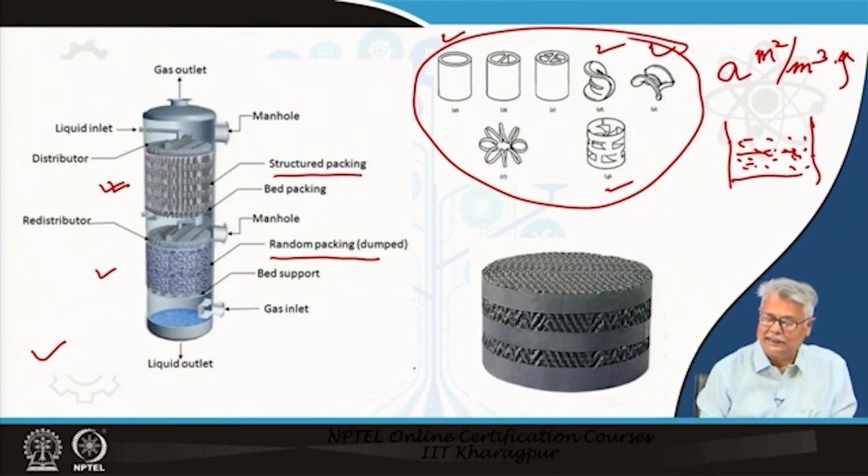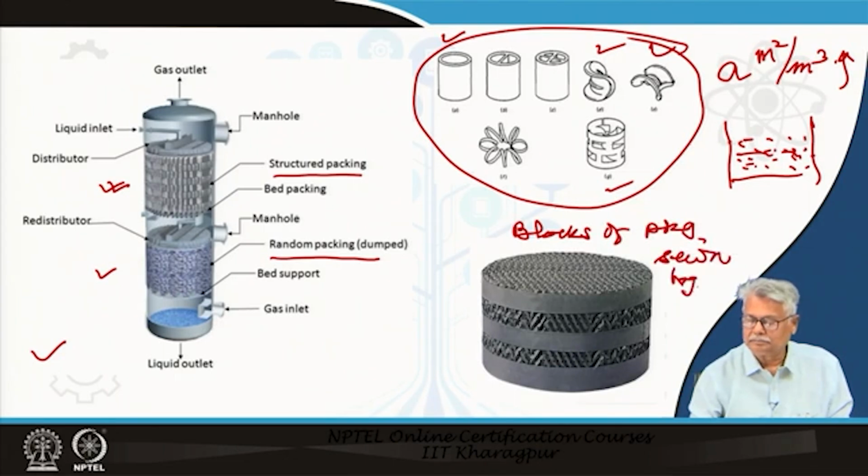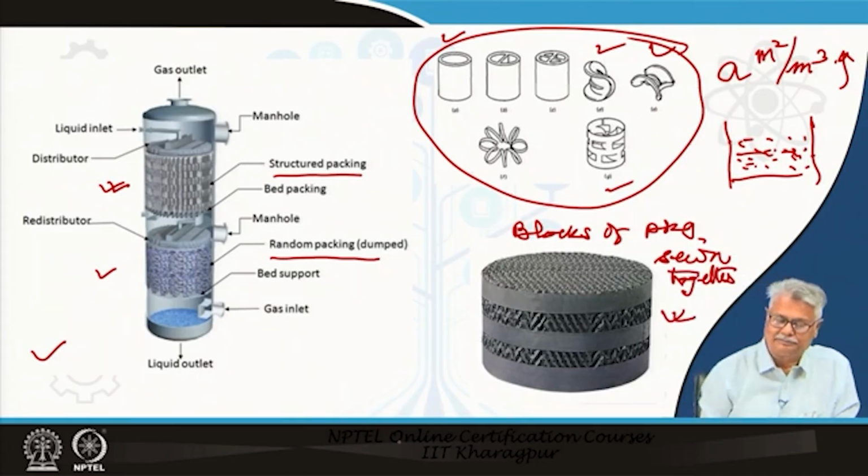Structured packings basically have a definite shape. Typically, they are sewn together. In fact, they are layers, or rather they are blocks of packing sewn together. This you can see from this diagram itself.